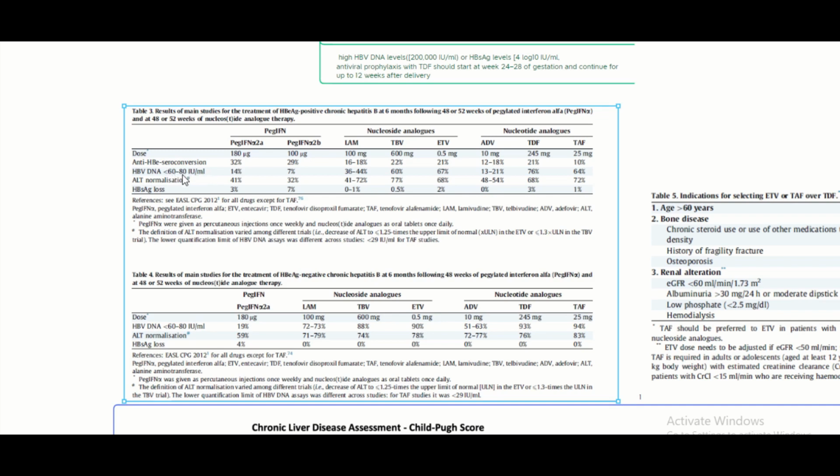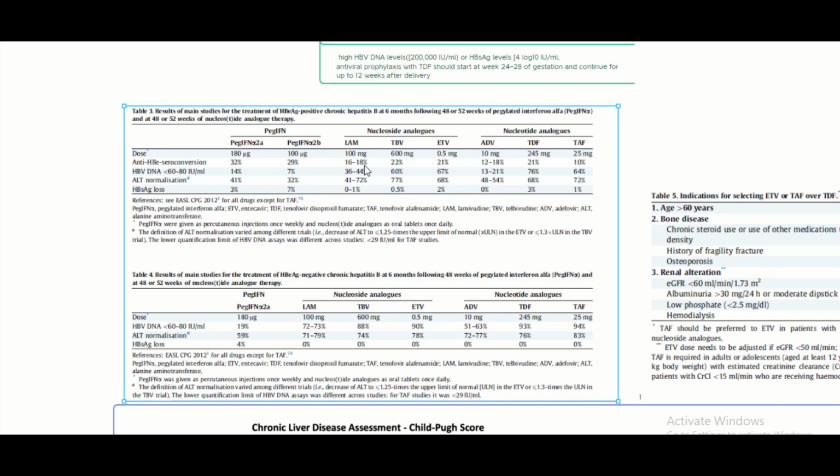Now, lastly, we will have extra information about multiple ideas that we have already gone through. This is the main studies for treatment of HBe antigen positive chronic hepatitis with pegylated interferon alpha and other therapy.